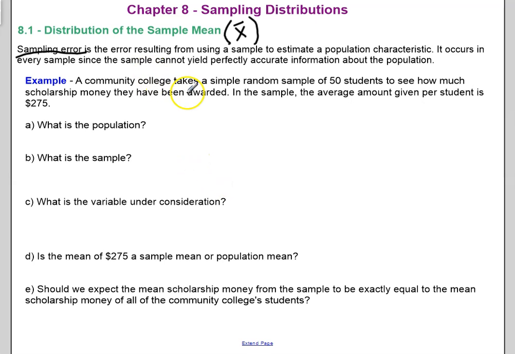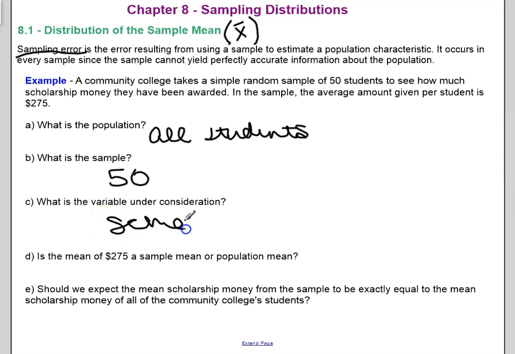In this example, where we're taking a sample of 50 students, the population, we would say, would be all students at this community college, right? The sample would be the 50 students that we actually got information from, and we were wanting to know about scholarship money.